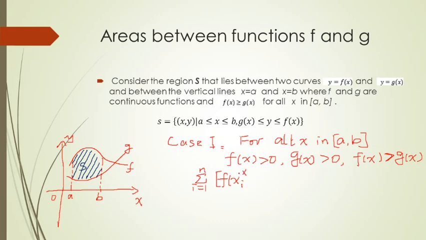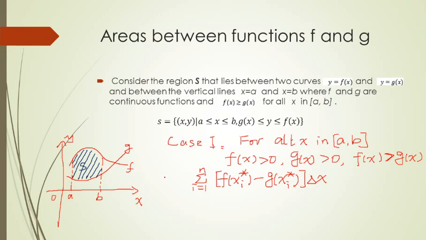So f of xi star minus g of xi star times the equal width is the area of one approximating rectangle. Then we let the index go from 1 to n. That is the sum of the areas of n approximating rectangles.